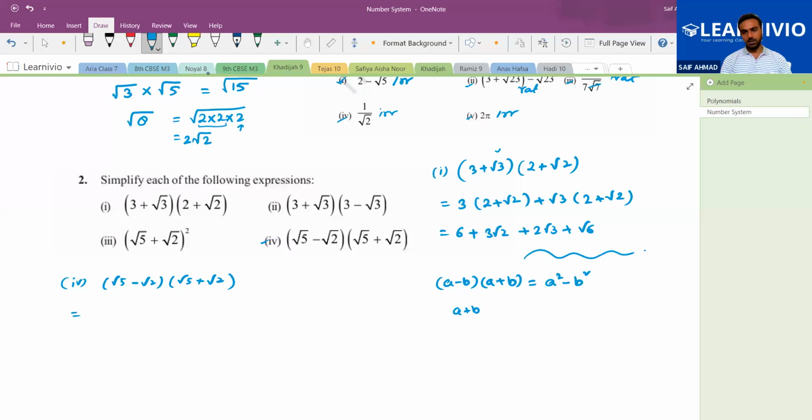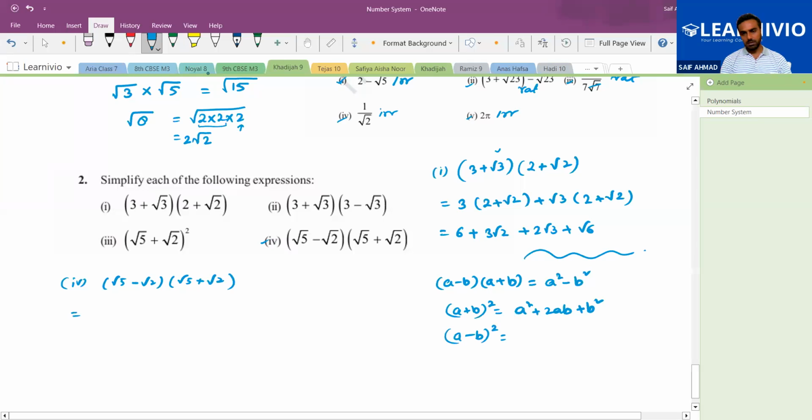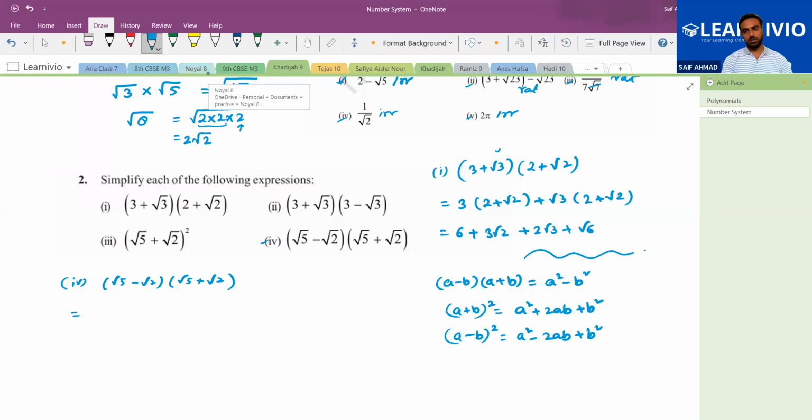A plus b whole square is a square plus 2ab plus b square. And a minus b whole square will be a square minus 2ab plus b square. So it is a minus b, a plus b, so it will be a square minus b square.